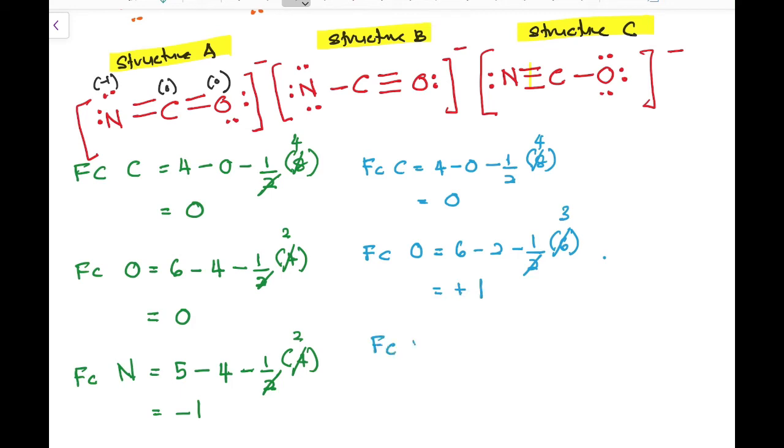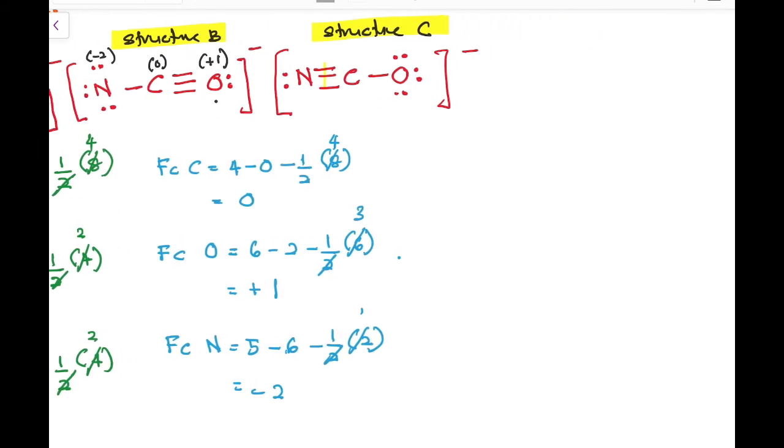And the formal charge for nitrogen, 5 minus 6 minus half of 2. 5 minus 6 is negative 1, minus negative 1, negative 2. Is this right? So we put the values. The nitrogen is negative 2. This is 0. This is positive 1. Okay. Alright, so I have to pull it to the side a little. And what about this one?